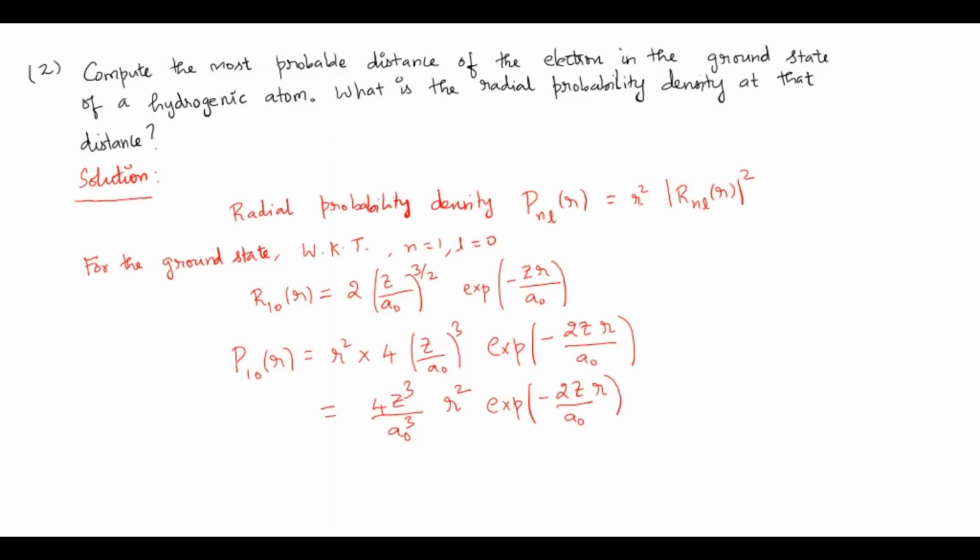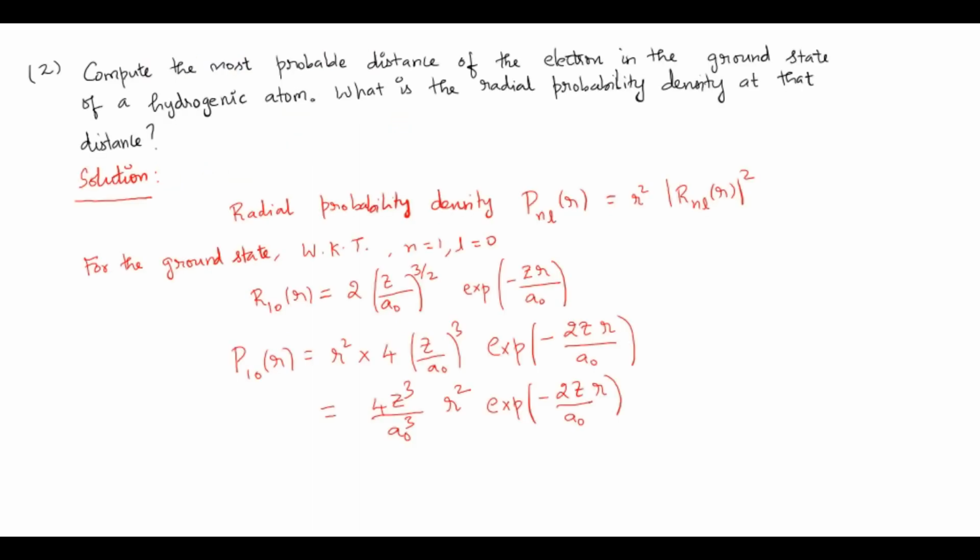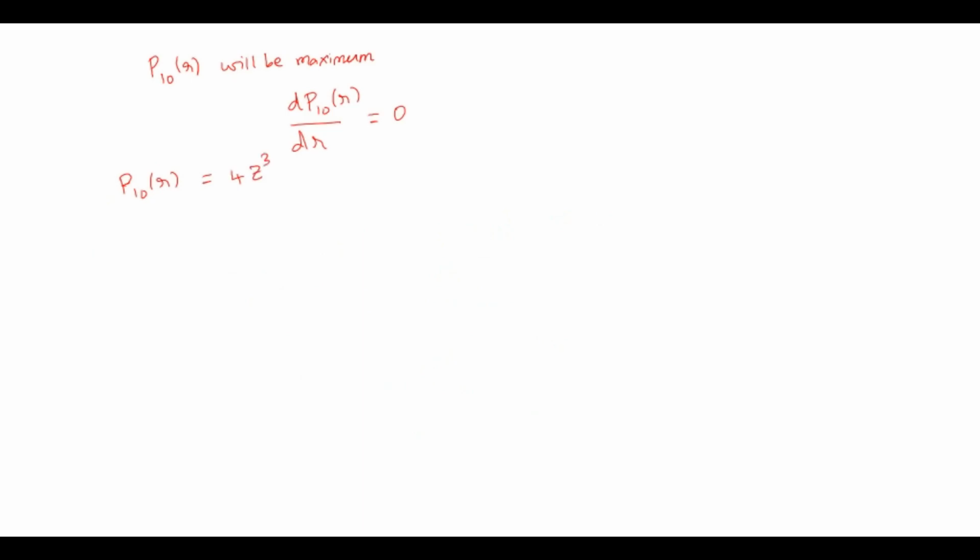Now let us calculate the derivative. P_10 of r is equal to 4Z cube by a_0 cube r squared, exponential of minus 2Z by a_0 r.